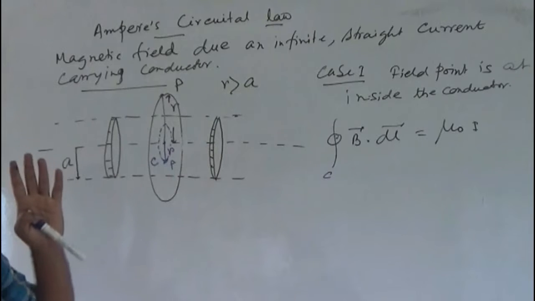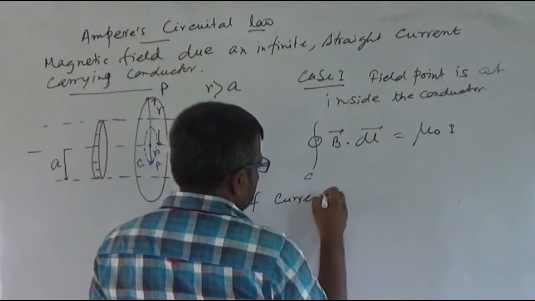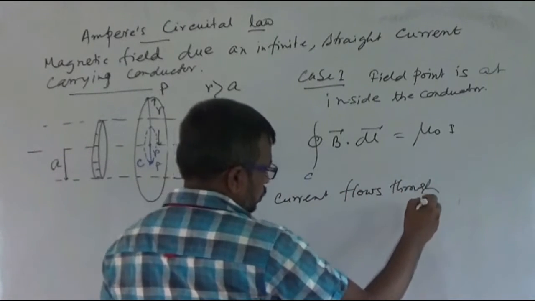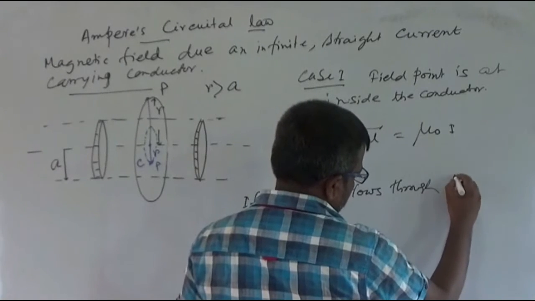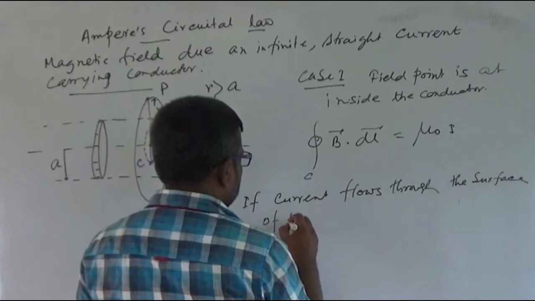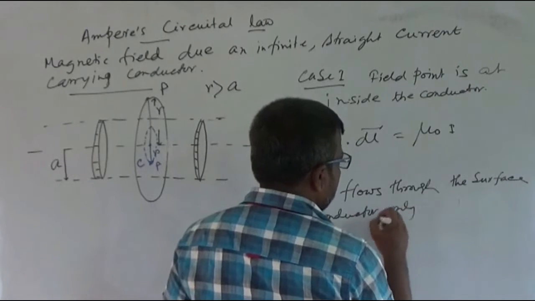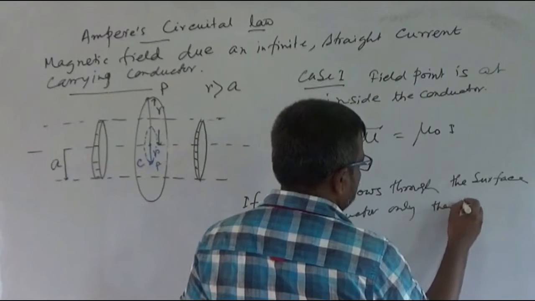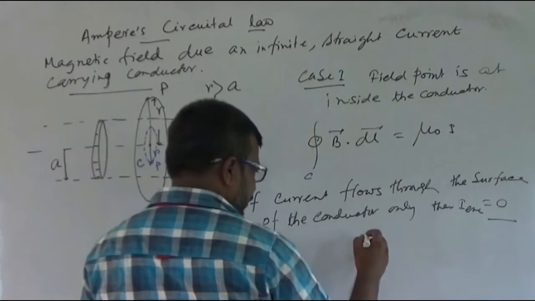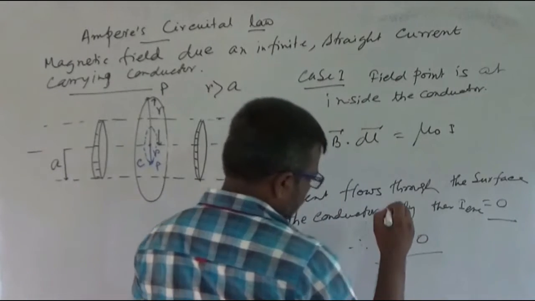Therefore, I enclosed will be zero, and therefore B will be 0.